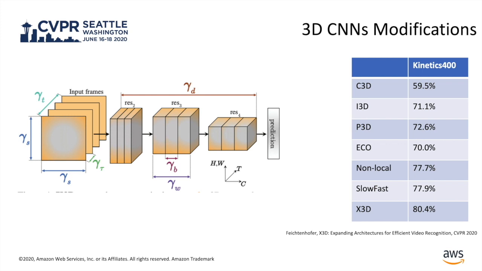Following this line, X3D was proposed very recently at this year's CVPR. It progressively expanded a 2D image classification architecture along multiple network axes, such as temporal duration, frame rate, spatial resolution, width, bottleneck width, and depth. X3D pushes 3D model modification and factorization to an extreme.